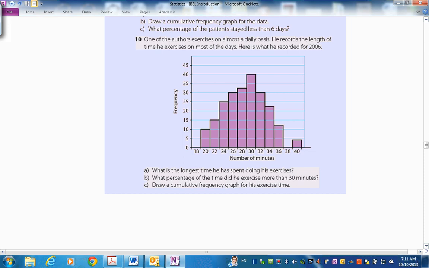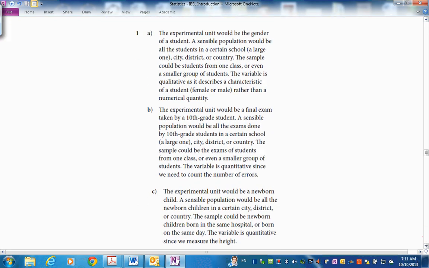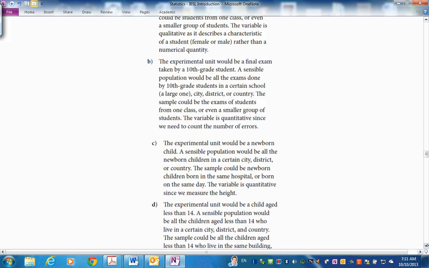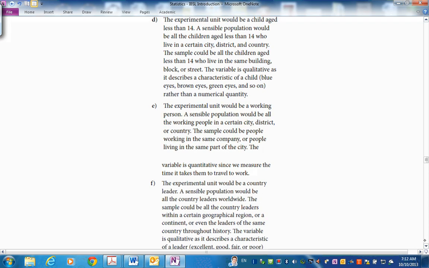Some good ones. Let's have a look at some solutions. Okay, there's 1 A, B and C. And can we get D? Yep, D, E, most of F, I think.